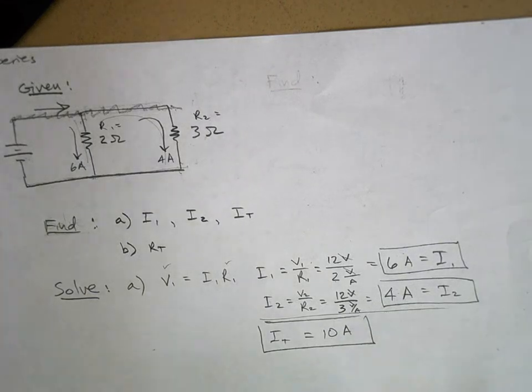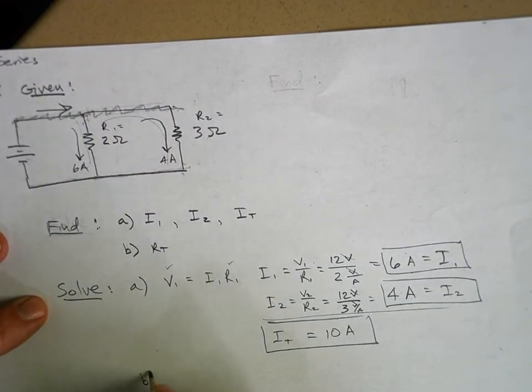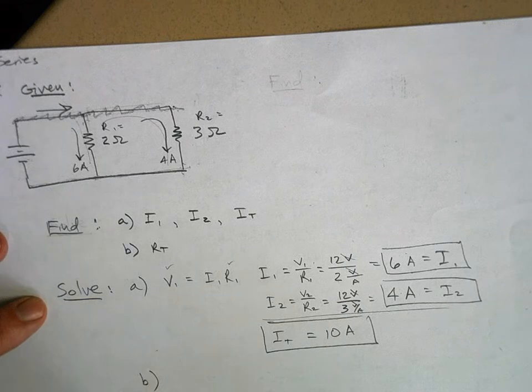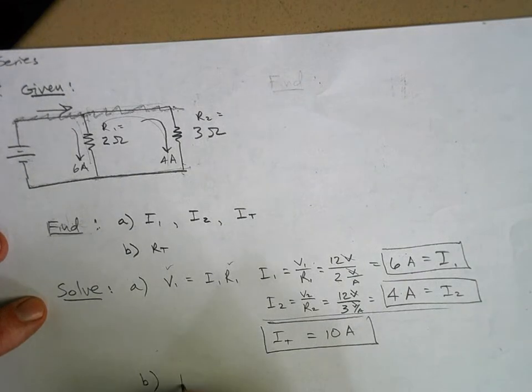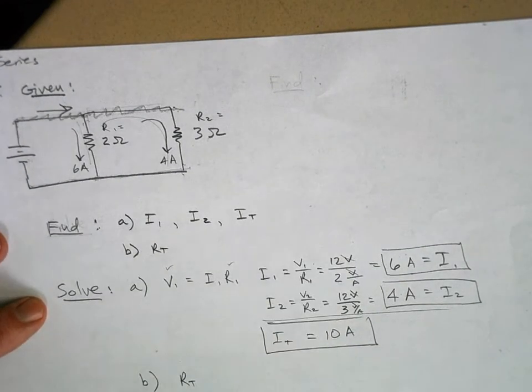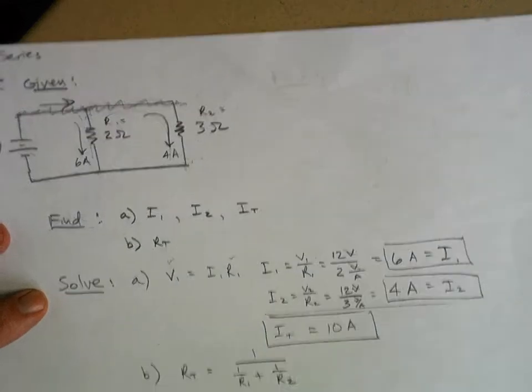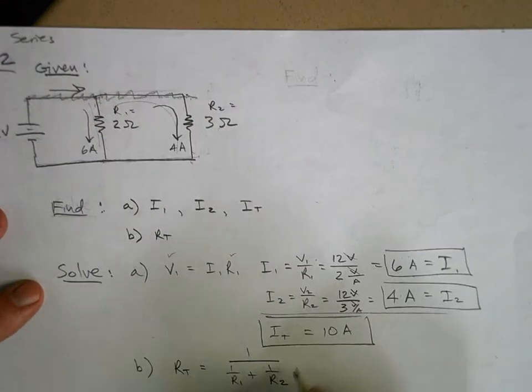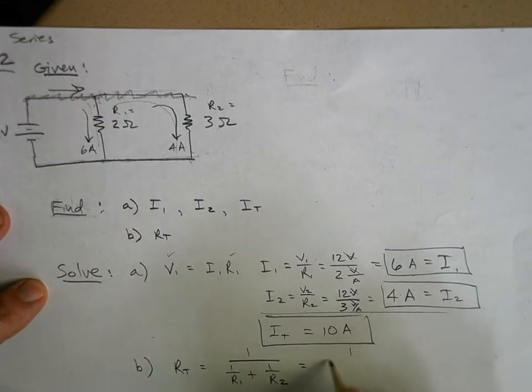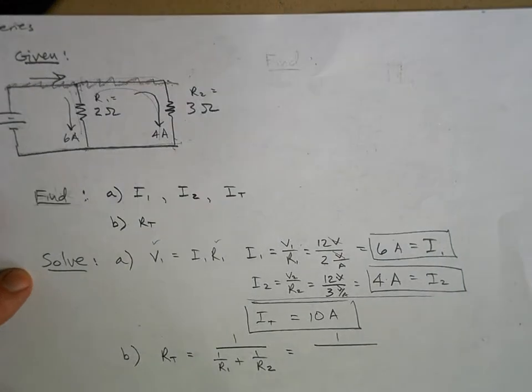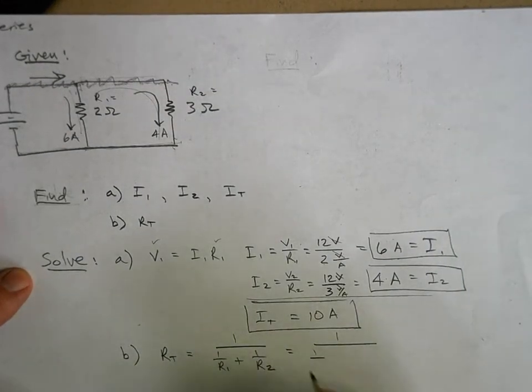There's 2 ways to do it. I can say, well, I have the formula for resistors in parallel. So let's do that. That's 1 over 2 ohms plus 1 over 3 ohms.